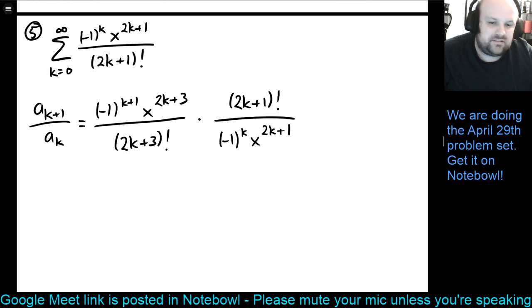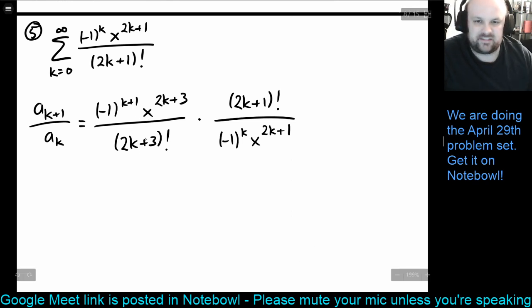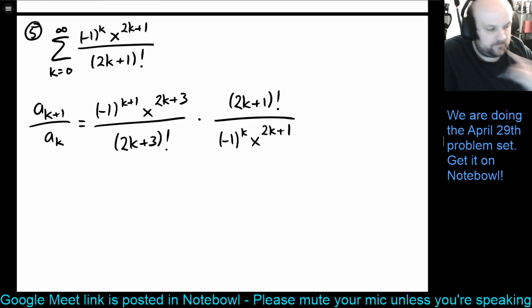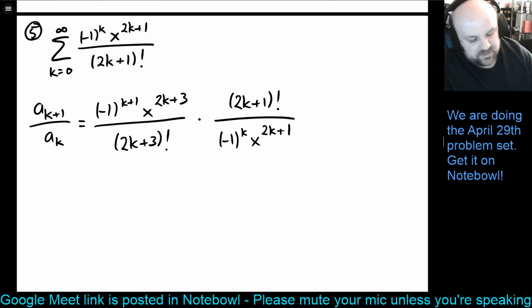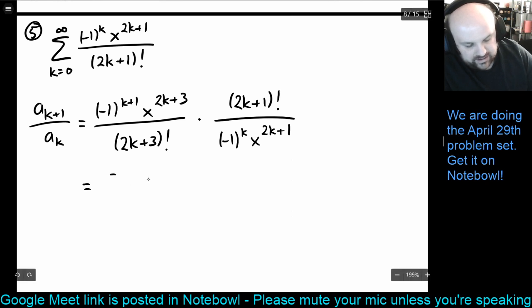So how's that look? Hopefully this part especially makes sense, because remember, we're replacing the k with k plus 1. We're not just adding 1 to everything. So if we simplify this, we're going to have negative x squared over 2k plus 2, 2k plus 3.